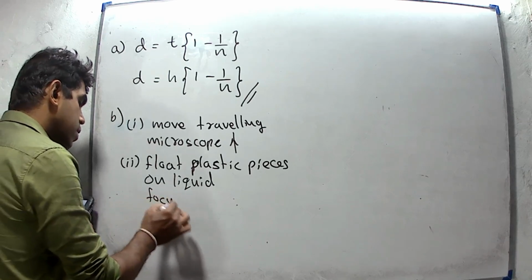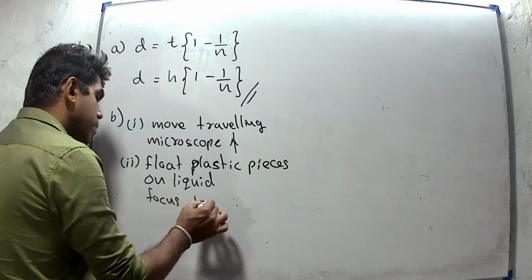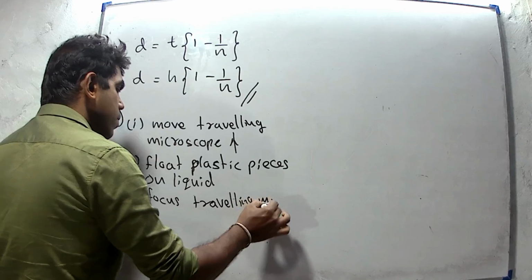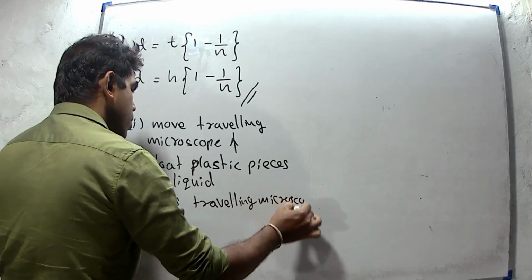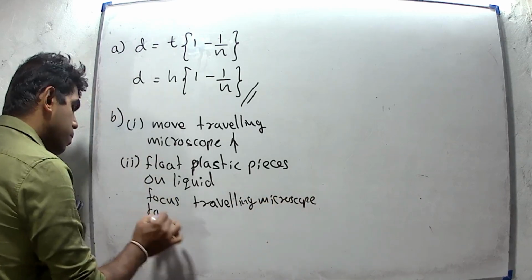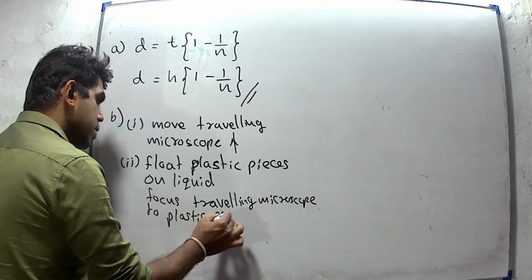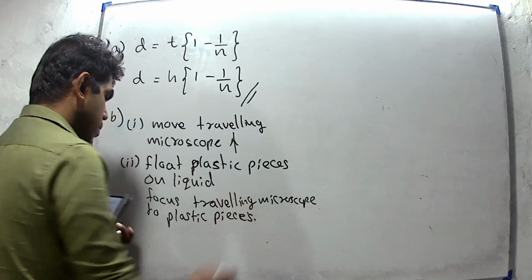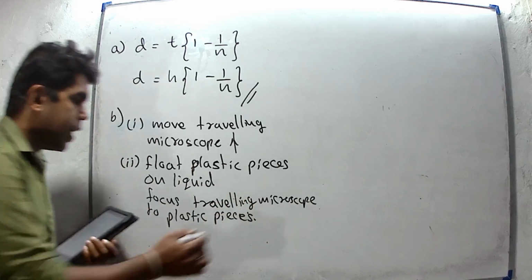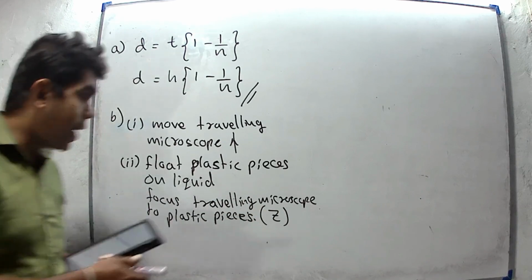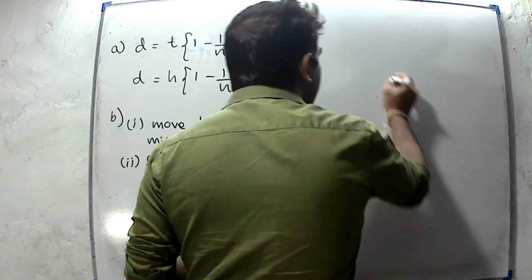Focus the travelling microscope to the plastic pieces. Now the reading is taken as it is. Now I will explain the method we have to use.